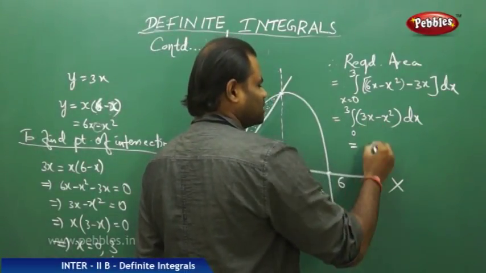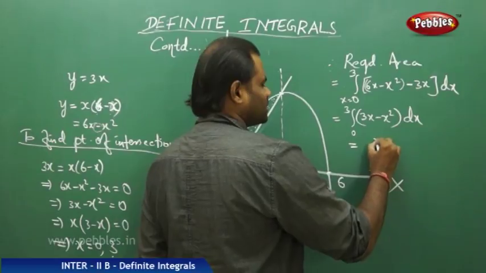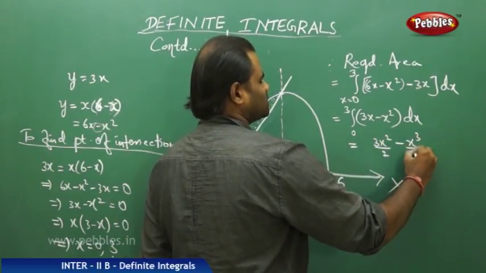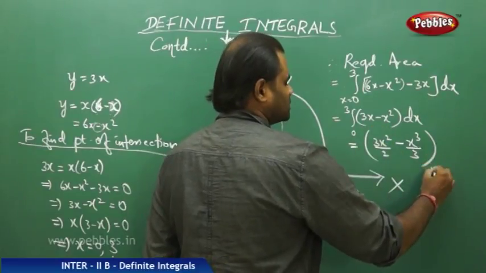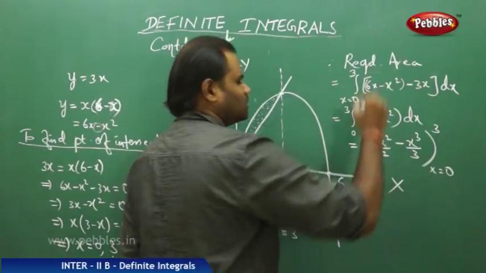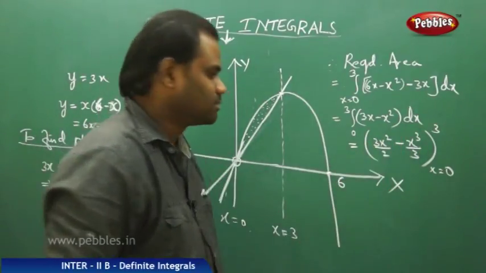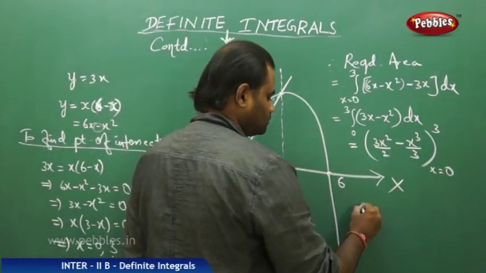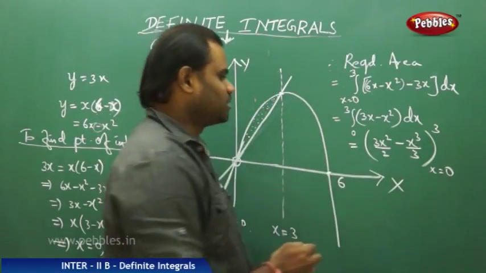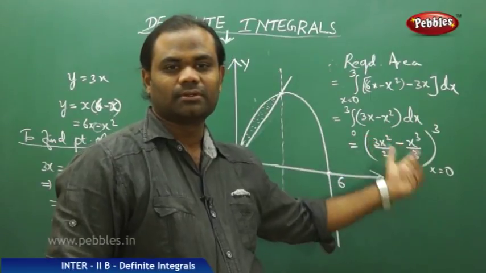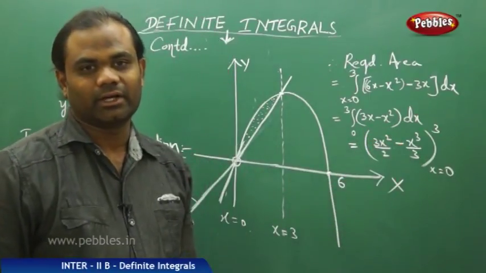Then integrating this, the integral of 3x is 3x squared by 2 minus x cubed by 3 with limits from 0 to 3. Now, using the limits, the upper limit is 3 times of 3 squared by 2 minus 3 cubed by 3, and then the lower limit is substituted, which gives us the required area.